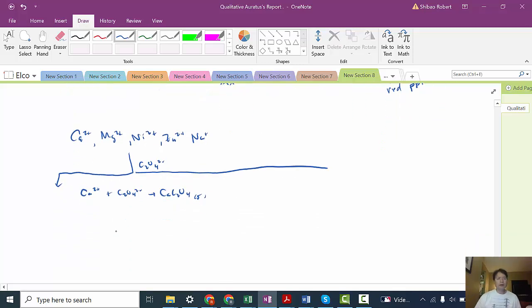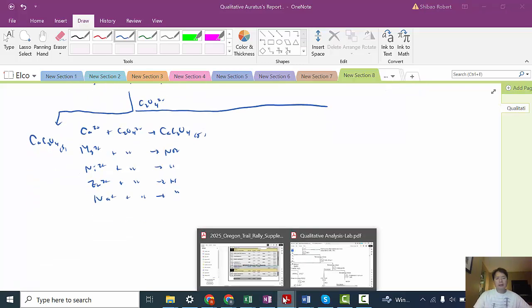Now, if we have magnesium, it doesn't form a precipitate, so plus oxalate yields NR. Nickel doesn't precipitate with oxalate either, yields NR. Zinc does not precipitate with oxalate, yields NR. And sodium does not precipitate with oxalate, yields NR. And so we end up with a precipitate of calcium oxalate solid.